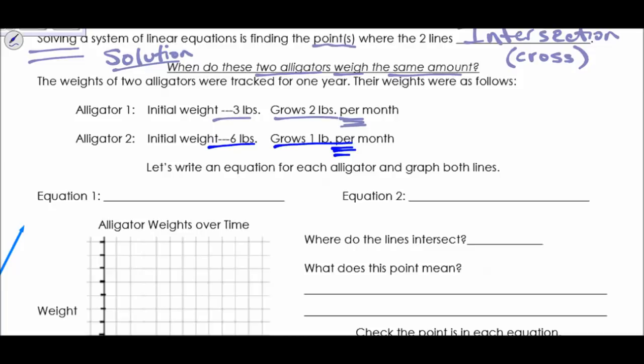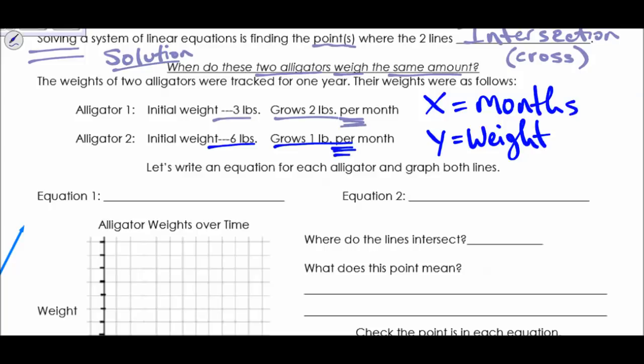So for just looking at alligator 2, they start out with 6 pounds. So I'm going to say that y is the weight of our alligator, and x is the number of months. You could switch that, but the reason I set it up like that is because the weight is dependent on the number of months.